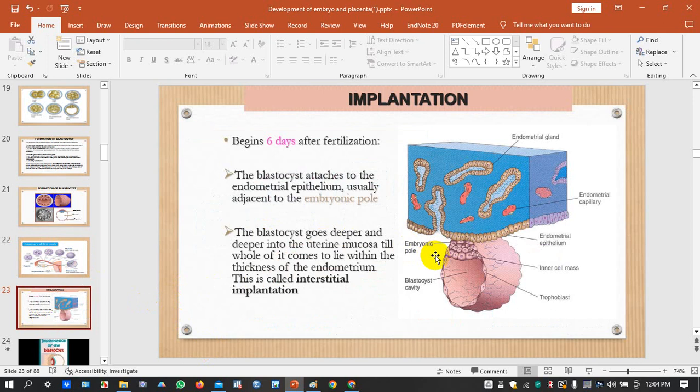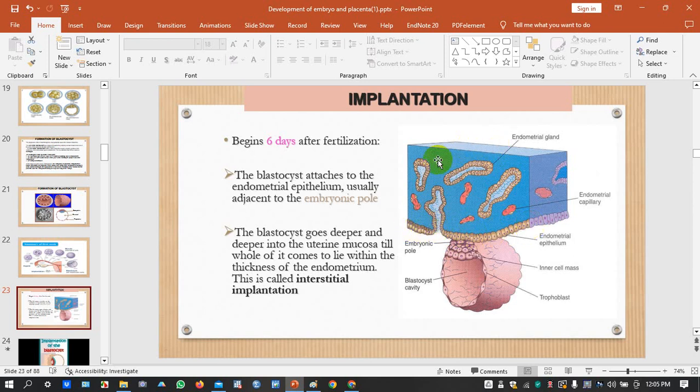So, implantation. This is how the blastocyst implants. At first, it attaches to the stroma, the spongy layer of the endometrium, or the functional layer. You know, the functional layer comprises the spongy layer and also the compact layer.